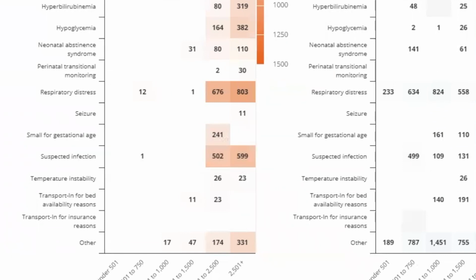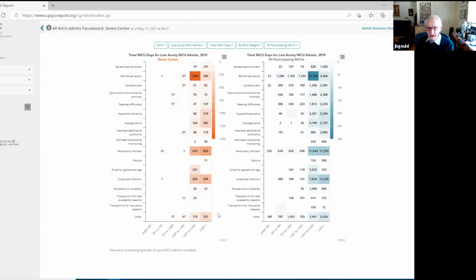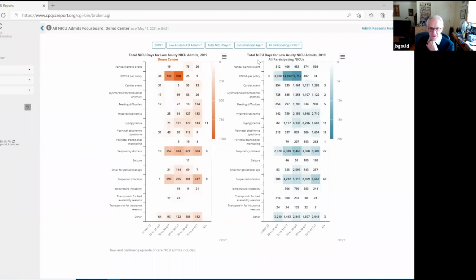Whereas if we look at 502 and 599 work days for suspected infection in these low-risk kids. So I think these heat maps really give you an incredible picture of who you're caring for, how many you're caring for, what's their mean length of stay, but even more importantly, how many days of work are you caring for these various diagnoses in these various birth weight or gestational age categories.